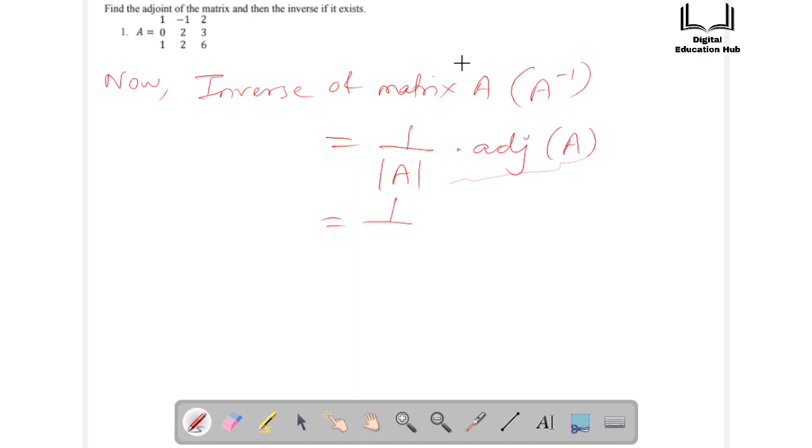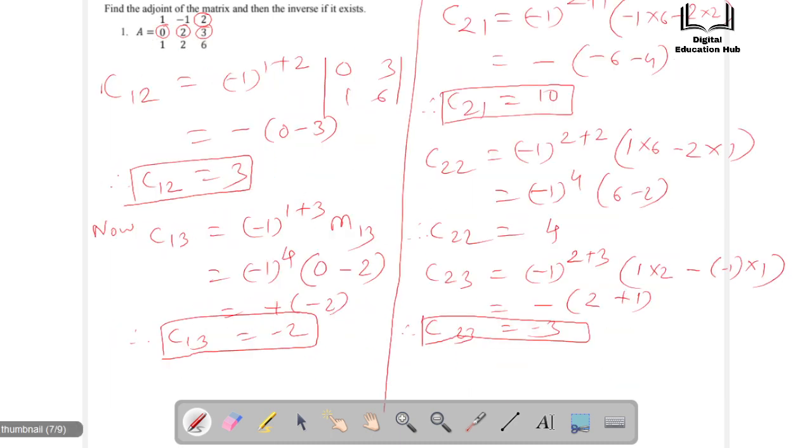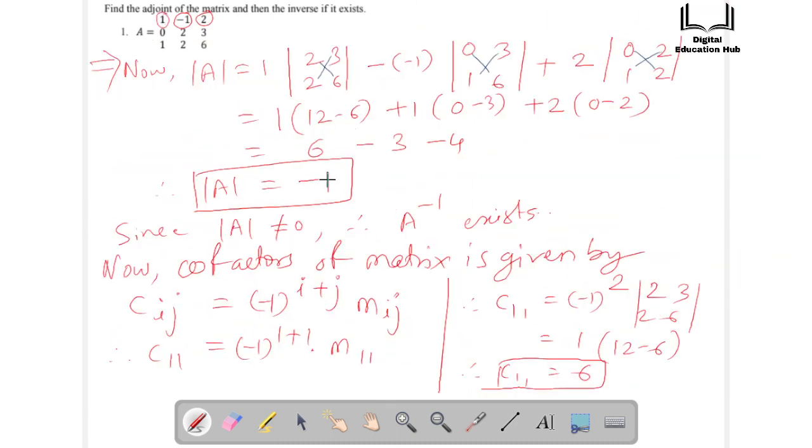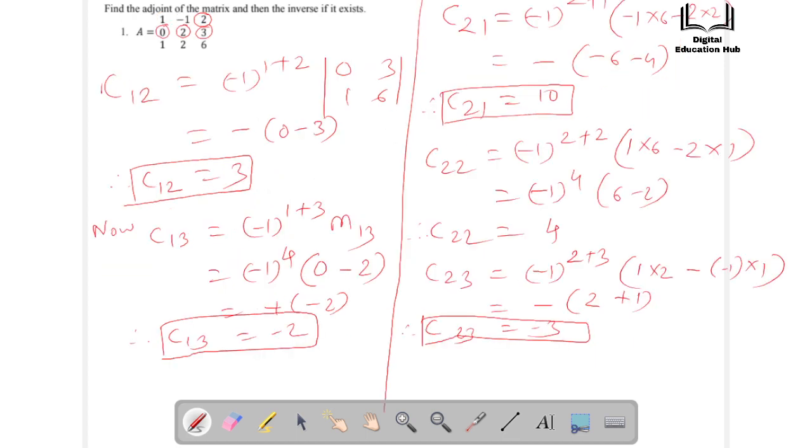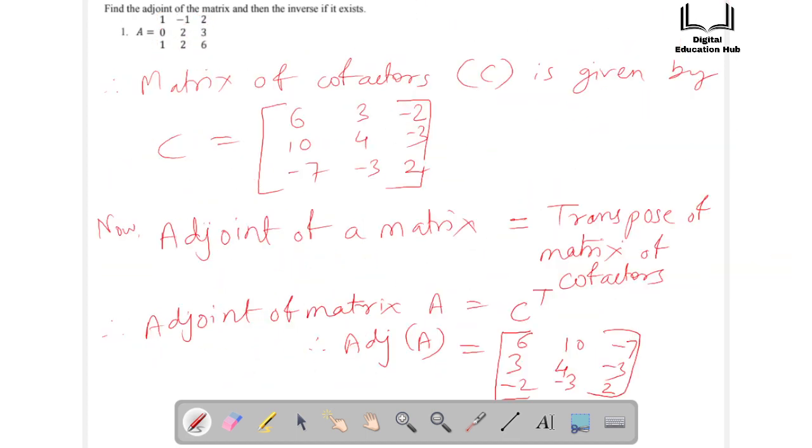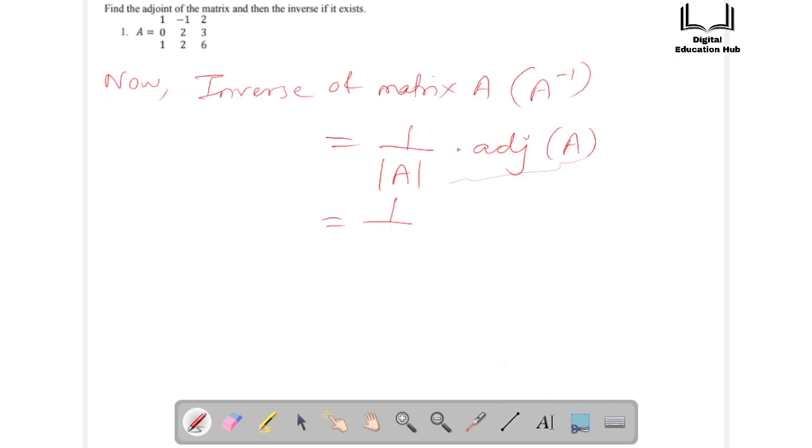The determinant which we have solved is minus 1, so minus 1 into the adjoint.